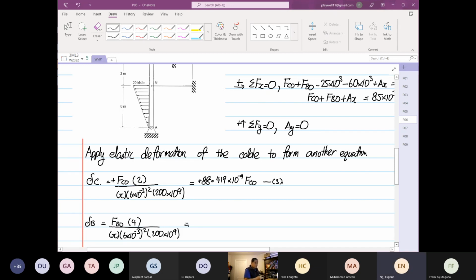So 4 divided by pi divided by (6 times 10 to the power minus 3) squared divided by 200 times 10 to the power 9 is equal to 176.838, positive, times 10 to the power minus 9 FB naught.